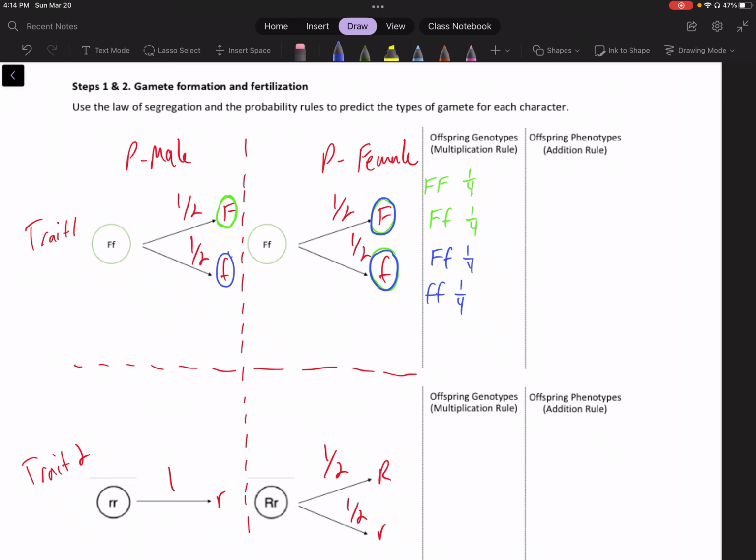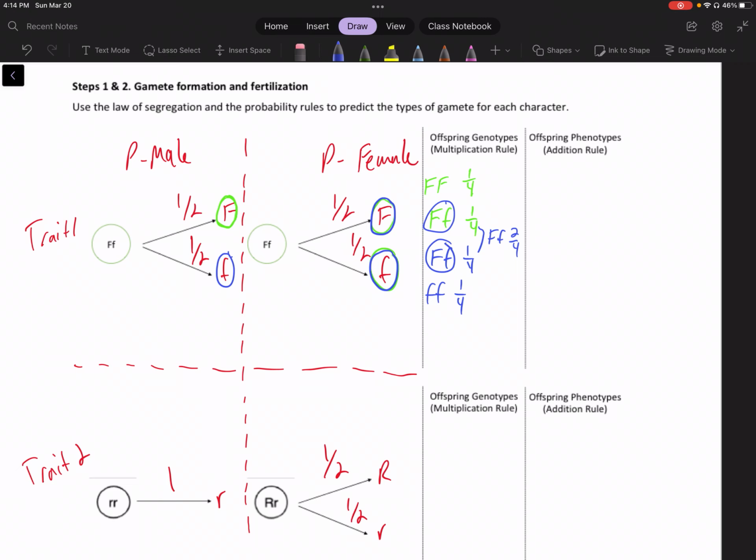So then we're going to go through our rules of addition. However, this one and this one are the same, right? So in this case, we could combine them together to be capital F, lowercase f is 2/4. So those are the genotypes. Now the phenotypes: anything with a capital F, we're going to add those together.